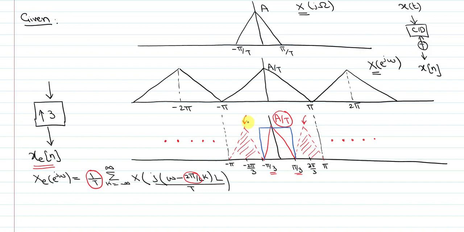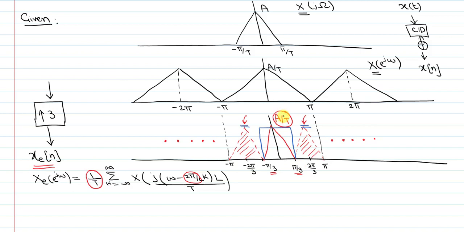I am going to get rid of this copy, and I'm going to get rid of this copy, and I will only be left with a frequency scaled version of my original transform, which has the right scaling.